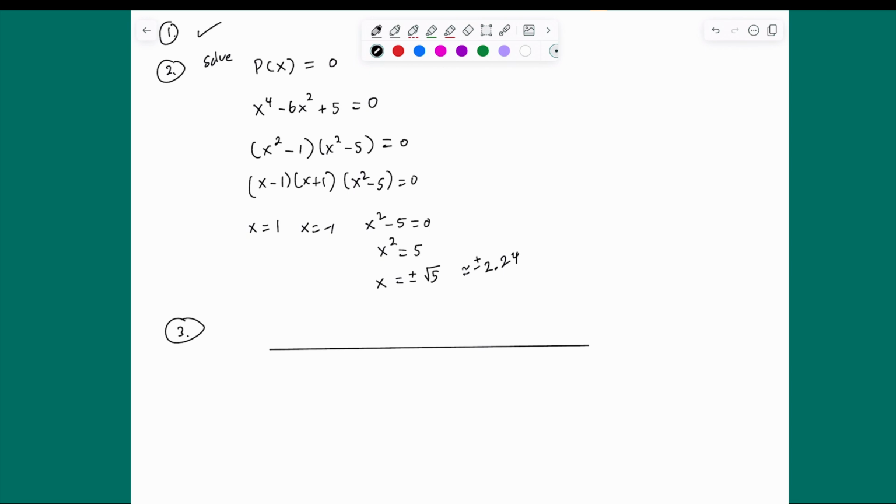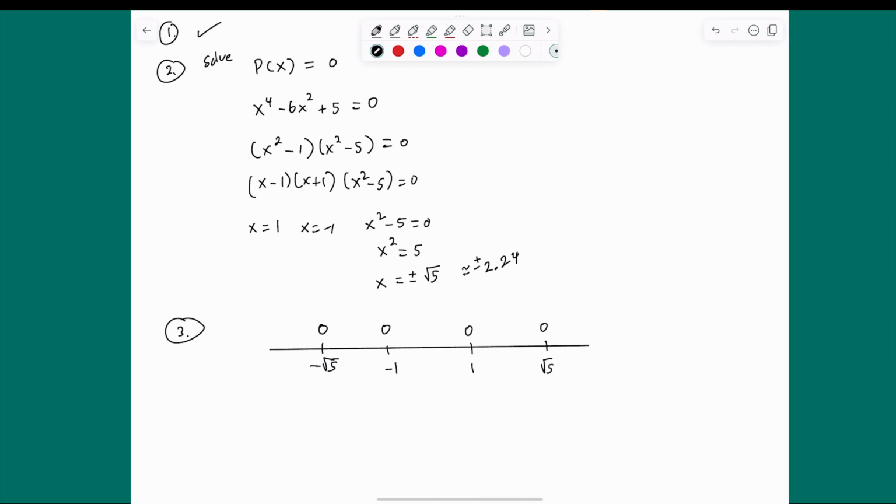All right, so let's go ahead and create our number line here. We have negative root 5, then negative 1, then positive 1, and then positive root 5. Okay, so we know the function is going to be 0 at those values.